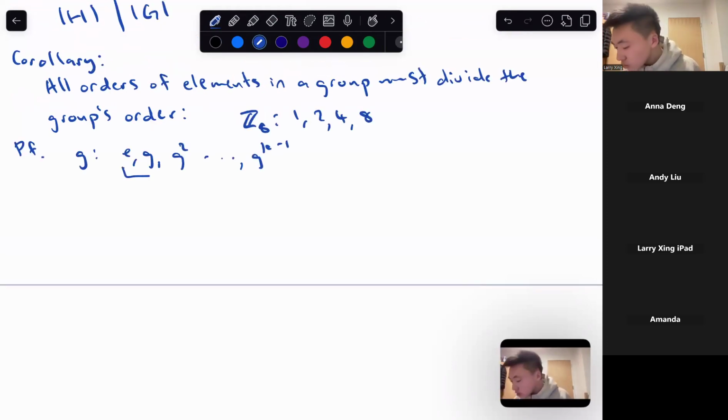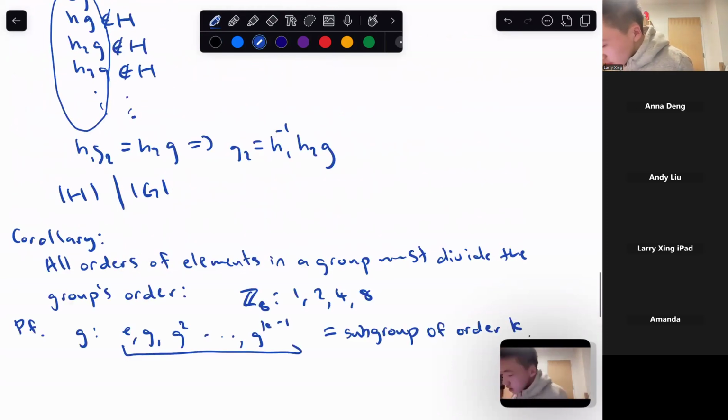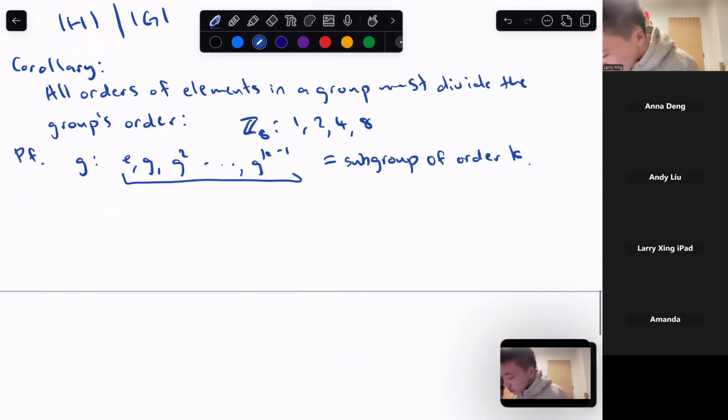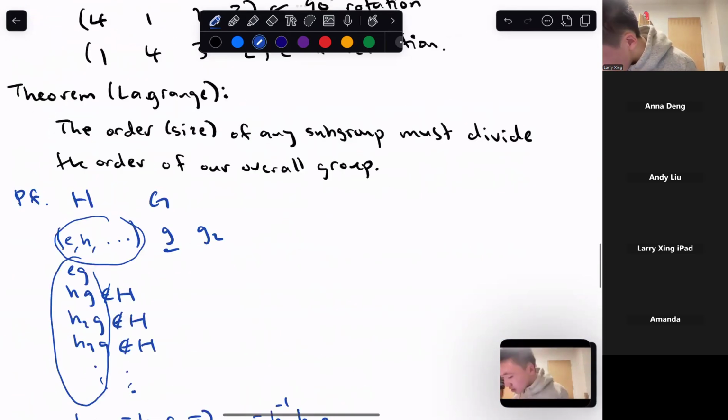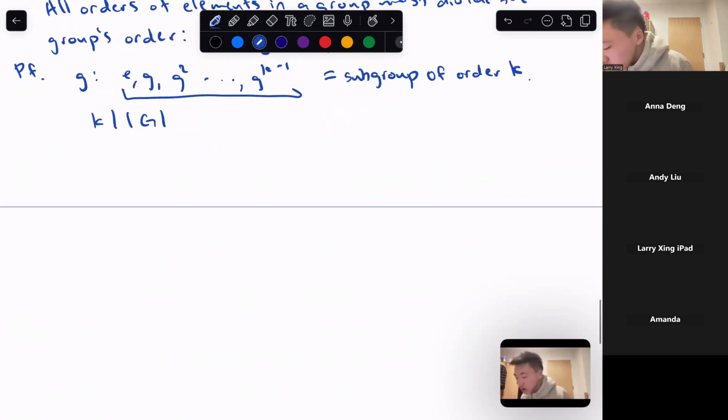Well, remember, this is a subgroup of order k. So that means that by this theorem, k divides the order of G. But since k is our original element order, that means the order of all the elements within G must divide the order of G.